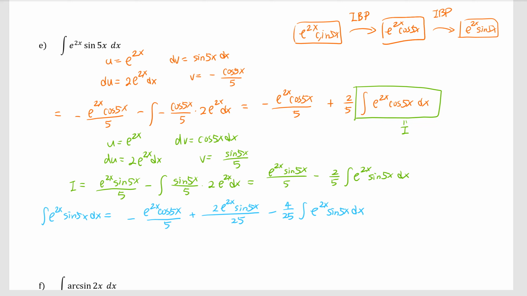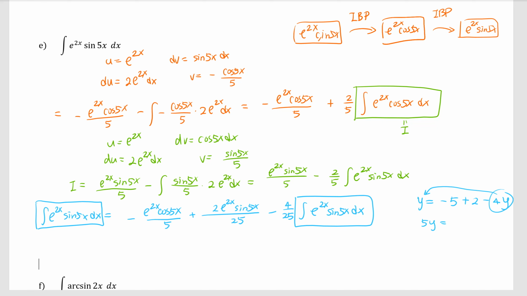Right now, we can solve for this. How do we solve for this? Let me do an analogy. If you have y equals minus 5 plus 2 minus 4y, how do you solve for y? You add 4y to both sides, move this term here, then you have 5y equals minus 5 plus 2 minus 3, and then y is negative 3 over 5.